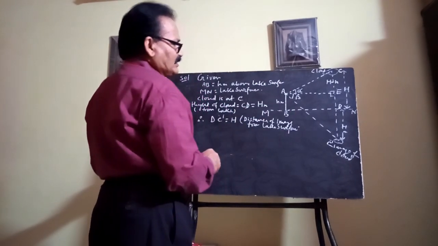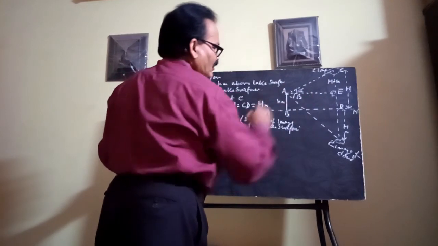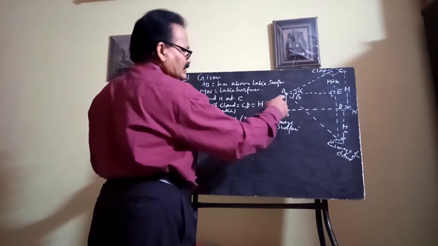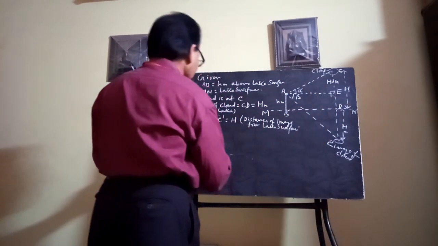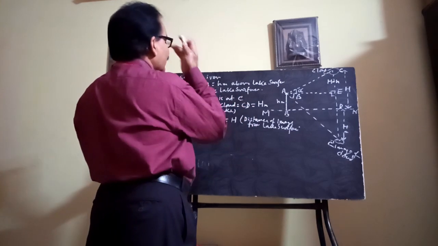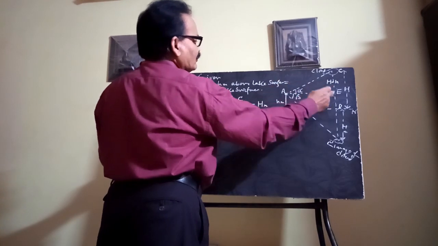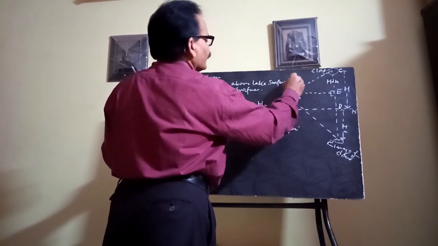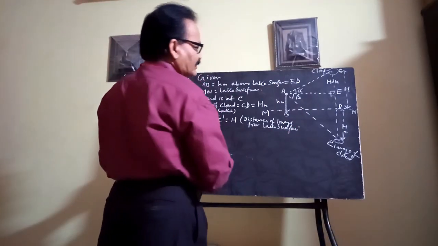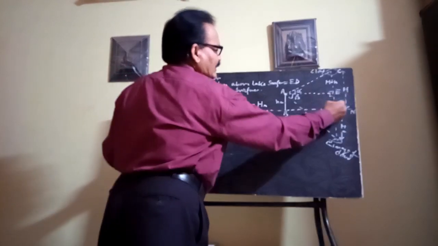Therefore, after completing this diagram, AE is the horizontal level, and that means this AB is the h meter above lake surface, which must be equal to your ED. This is also equal to ED, because this height and this height will be same.